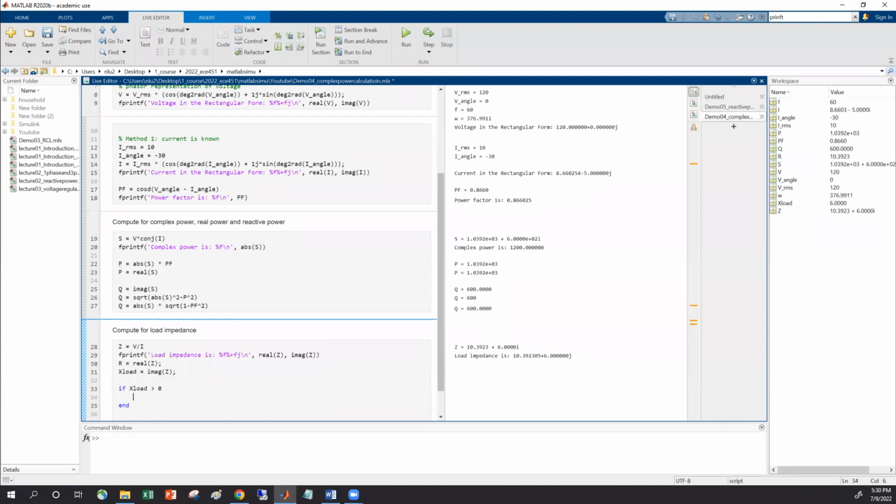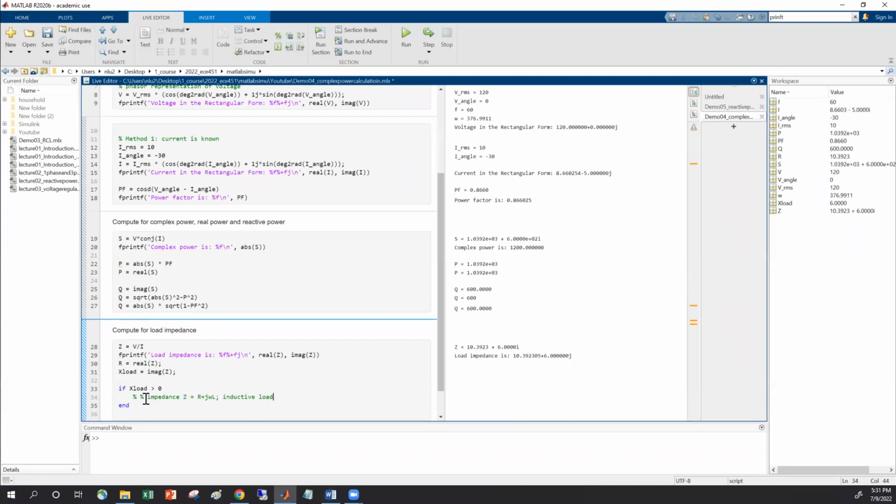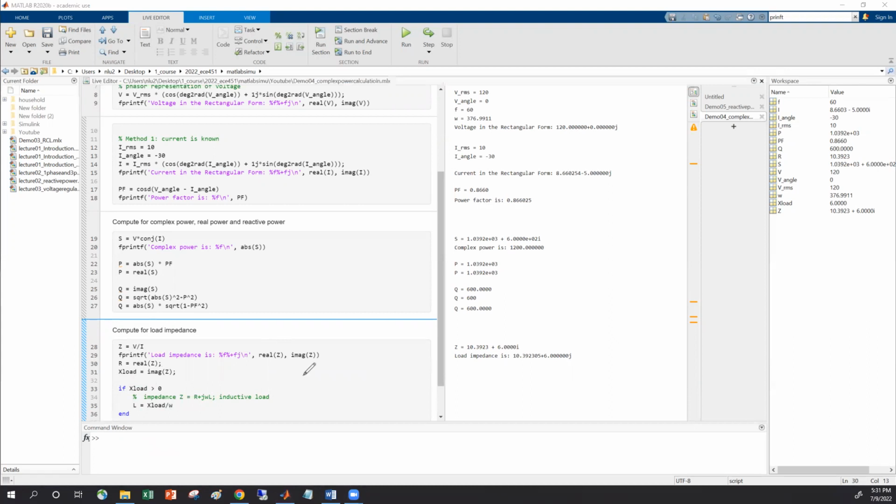Then our impedance basically equals R plus j omega L. So the load is inductive. So if that's the case, then we can compute L simply as X load divided by omega, because you can see that in this part, j omega L equals j X load.